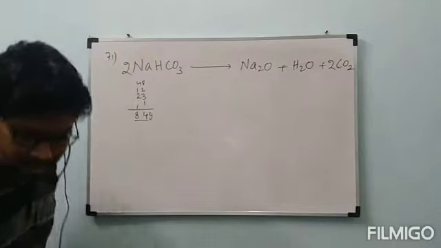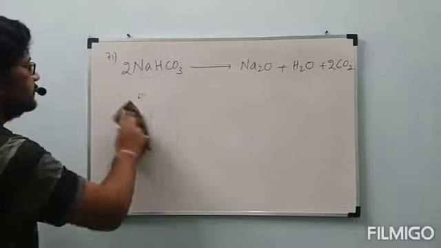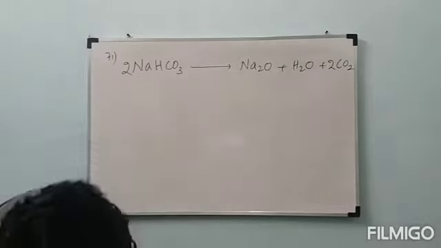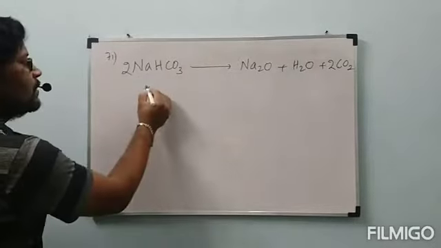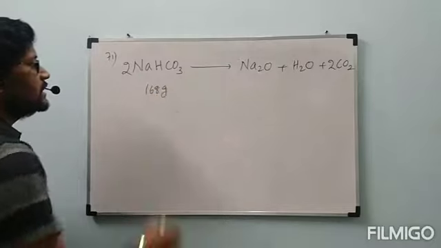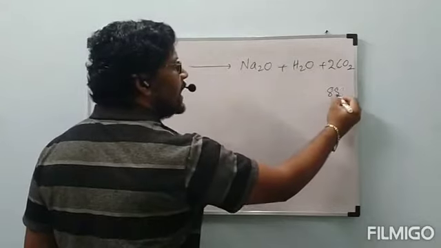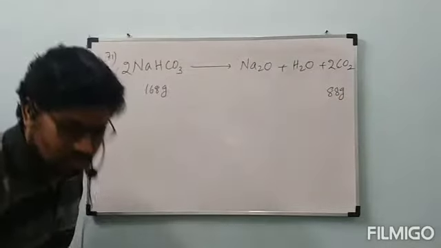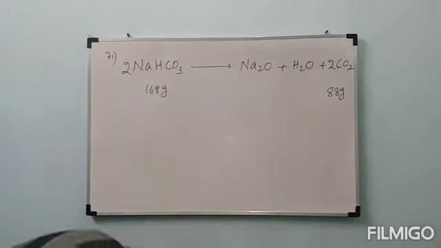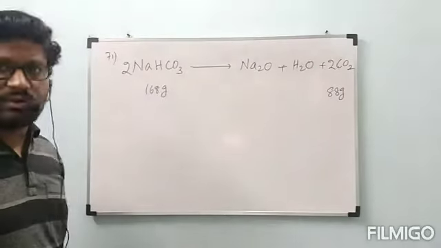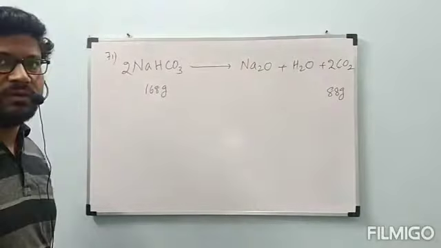But they give 2 moles, so 2 into 84 grams, that is 168 grams. 168 grams of NaHCO3 will be lost with 88 grams of CO2, because 2 moles of CO2 means 2 into 44 grams, that is 88 grams of CO2.